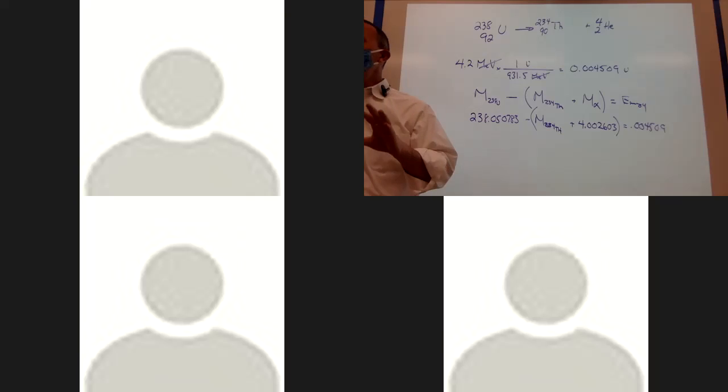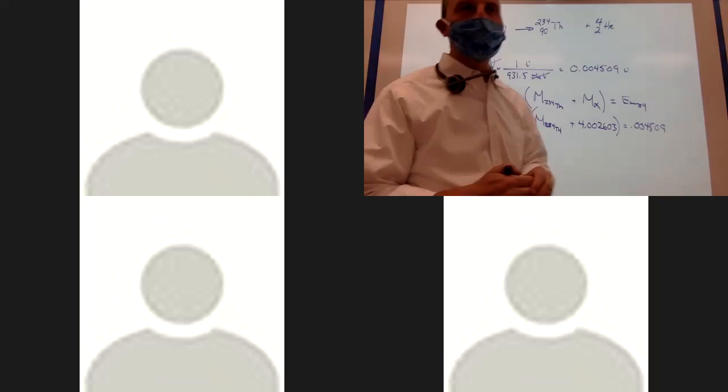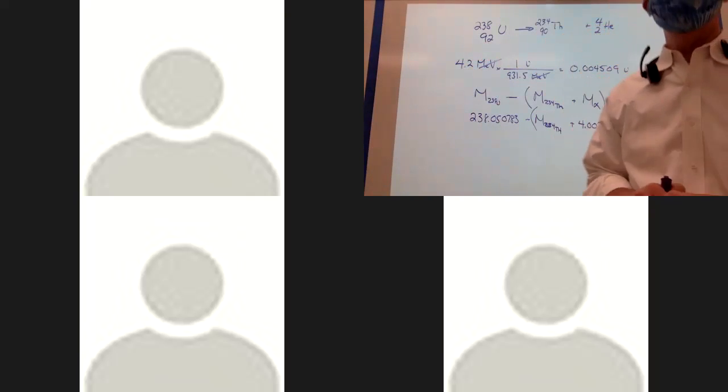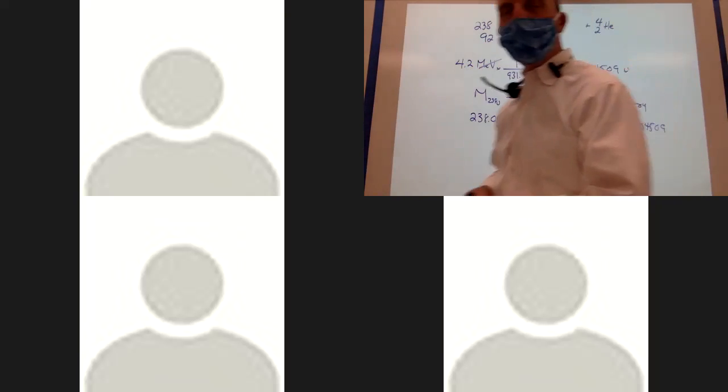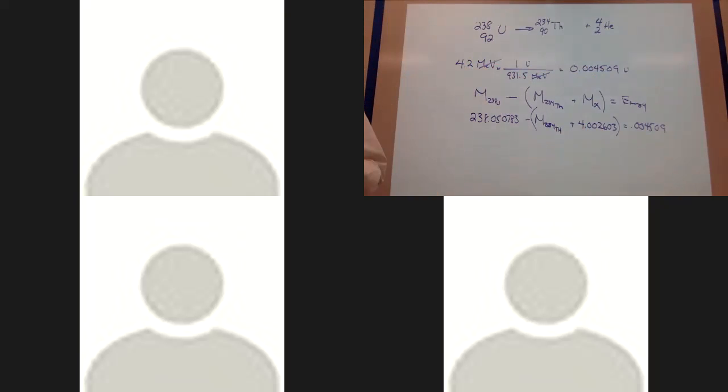I've argued for years. This is the dumbest thing ever. You should not be doing this. This is a total waste of your students' time. How about instead of having you memorize a periodic table, you actually teach them how to read a periodic table.